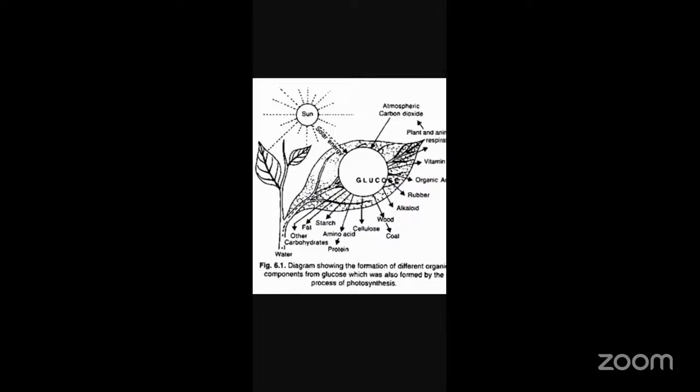So according to Arnon, the functional relationship between the light and dark reaction can be established by examining the requirement of dark reactions. So here the dark reaction comprises the complex cycle of enzyme-mediated reactions, that is the Calvin cycle. We know that one.